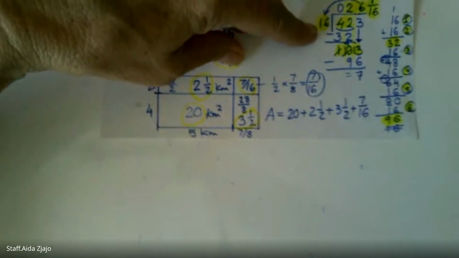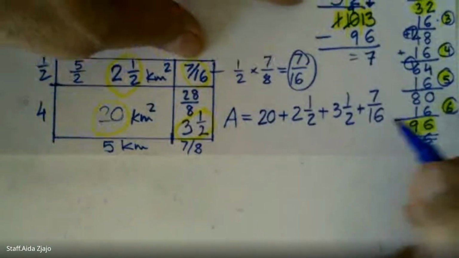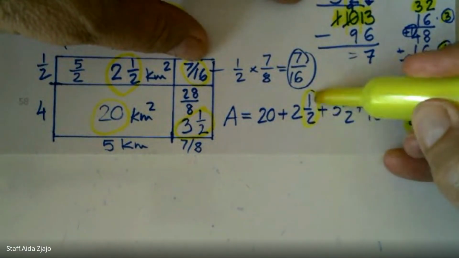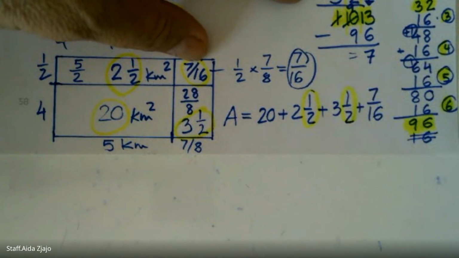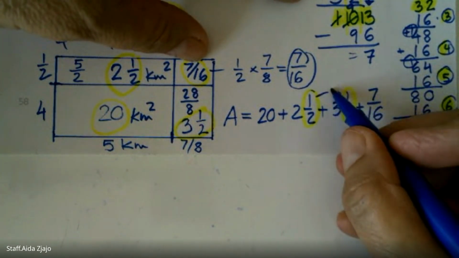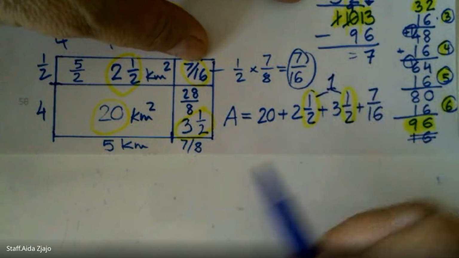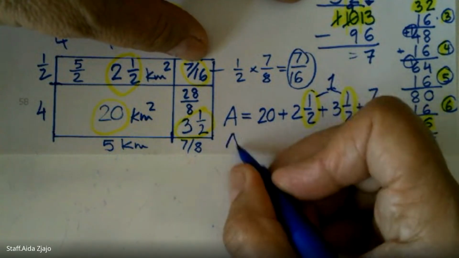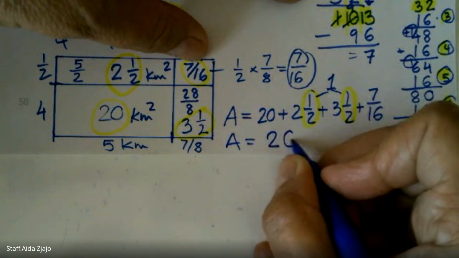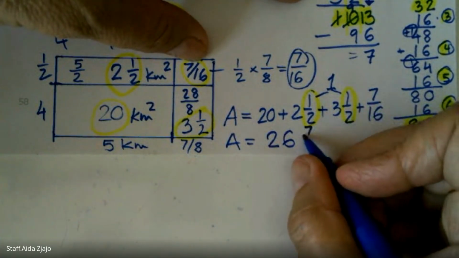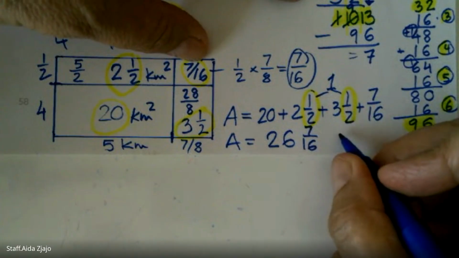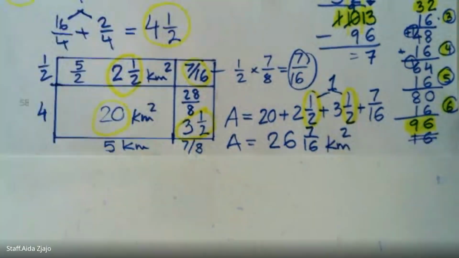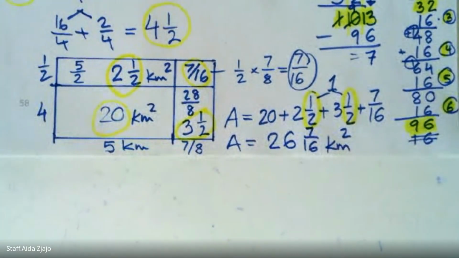So when you have this half and this half, that will make a whole. So you will have 20, 22, 25, 26. Area equals 26 and 7/16 square kilometers. So here you go.